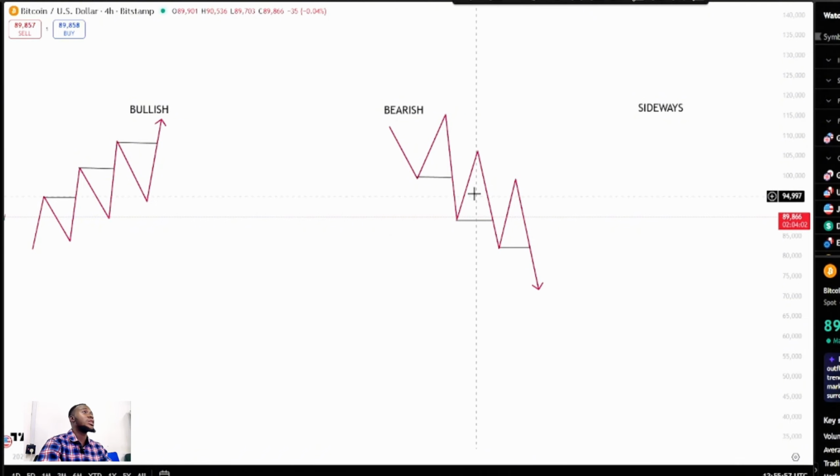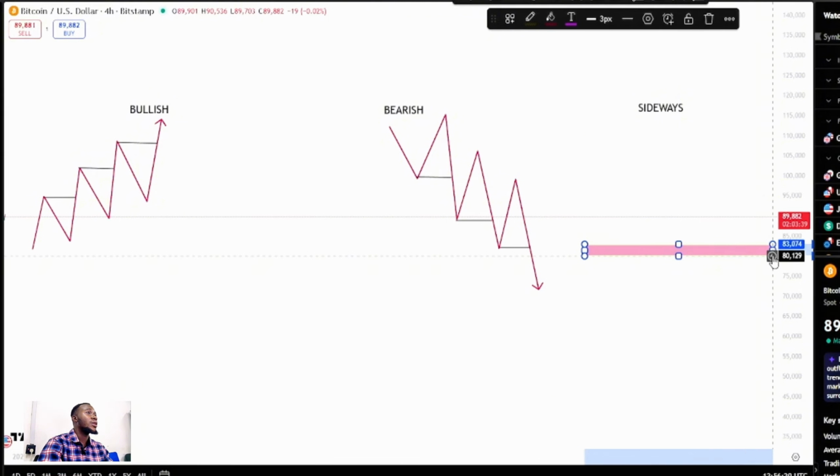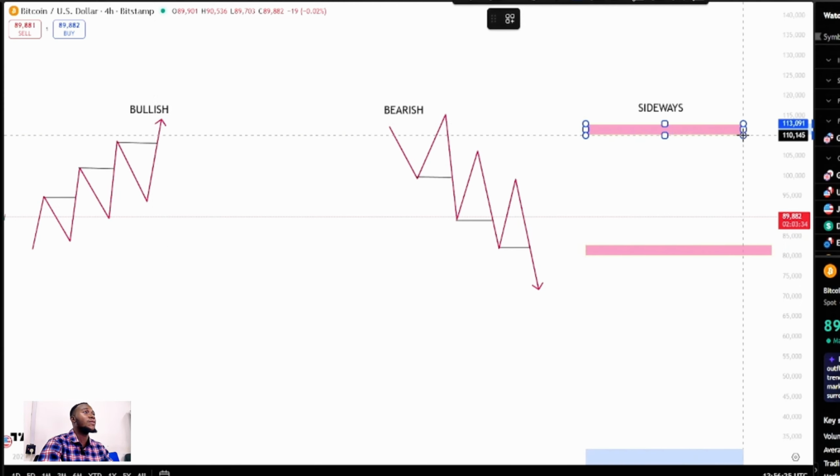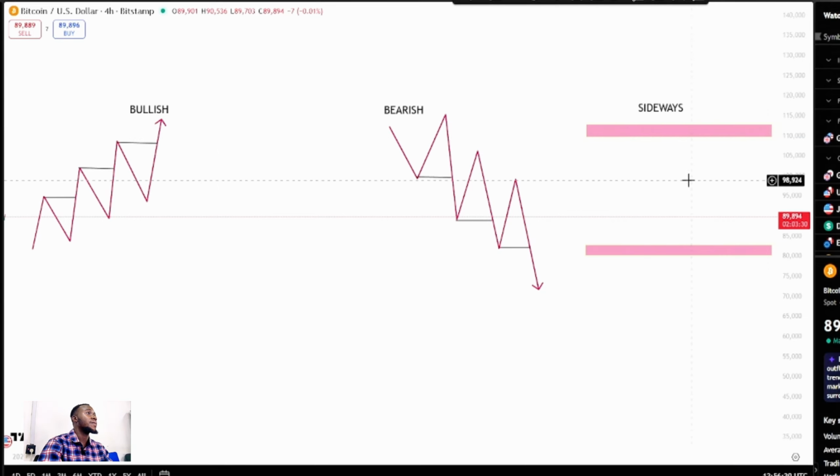Now in a sideways market, this bearish market structure is just the opposite of the bullish market structure. Now in the sideways, I want to focus on this a little bit because so many traders used to get stopped out because of not understanding this sideways market structure. Let's say we have a support level here, and then we have a resistance level here.